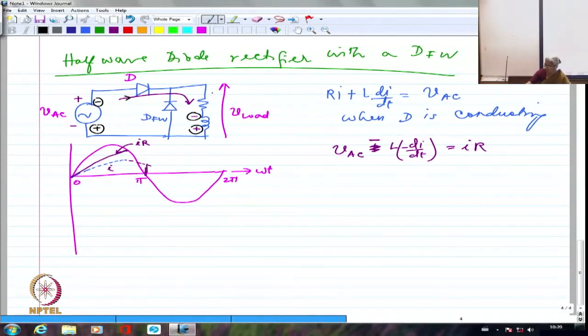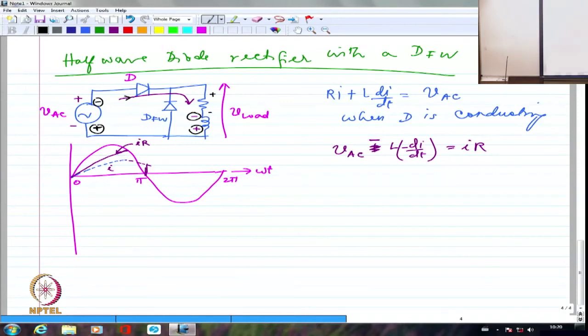Now, the power supply voltage is trying to oppose the flow of current in this direction. Because of the reverse half cycle, this being plus and this being minus, if the power supply had its way, it would have had the current in the opposite direction. So obviously it is going to put up a stiff resistance to the flow of current in the same direction. It will not allow it to flow as much as possible.